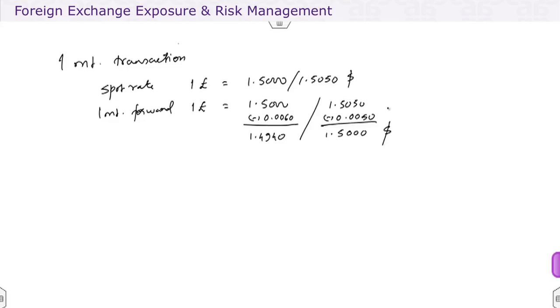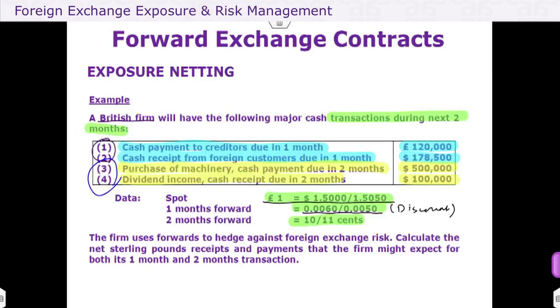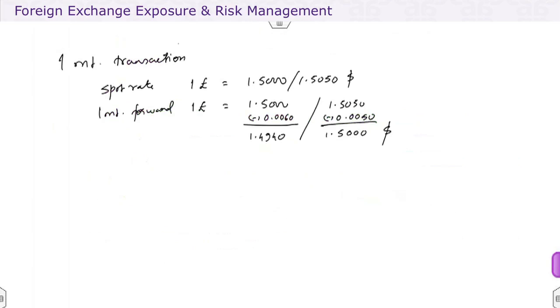Now in this case the bank is selling dollars, because if you see the transaction, the cash receipt from the foreign customer is due in 1 month. So as a customer you are going to give dollars. Since the transaction is a sell, we understood that the transaction in this market is referred to from the bank's point of view, whether the bank is buying or selling.